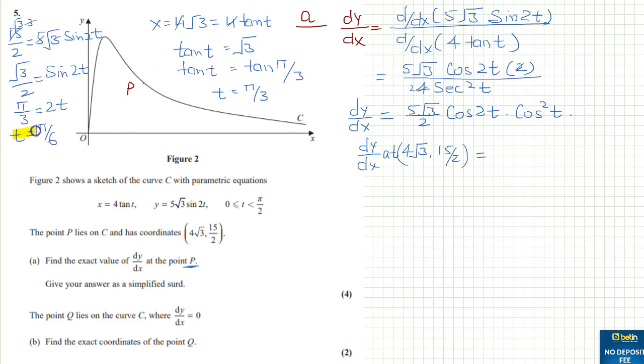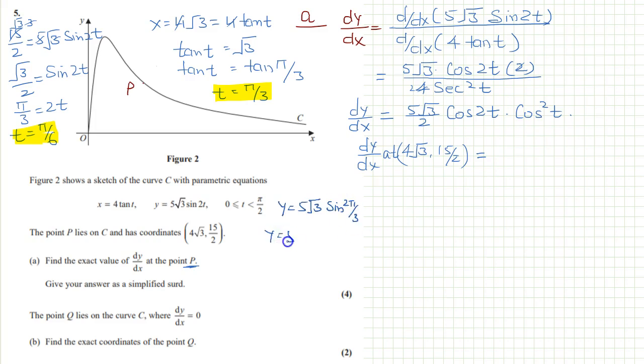Now you can see here we have two values of t. One is pi over 6 and one is pi over 3. So which value of t are we going to use here? Let's put this value of t in this one. So y is equal to 5 root 3 sine 2 pi over 3. t is equal to pi over 3.